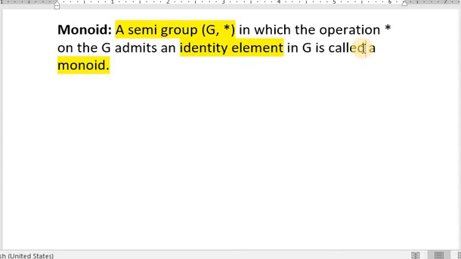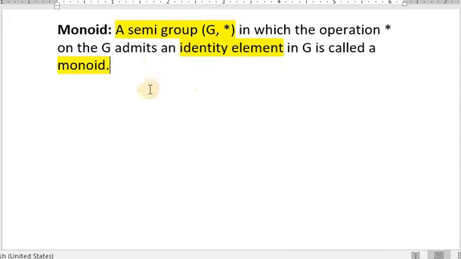See, along with the two properties of the semigroup, if any set satisfies the identity element, then we call it a monoid. So, the definition of the monoid is a semigroup (G, star) in which the operation star on G admits an identity element in G.